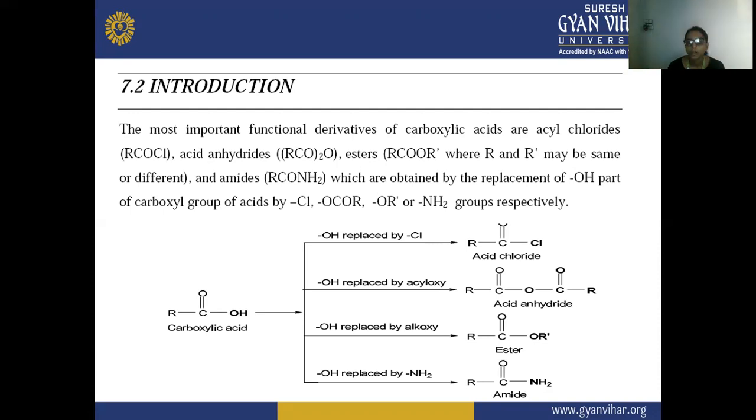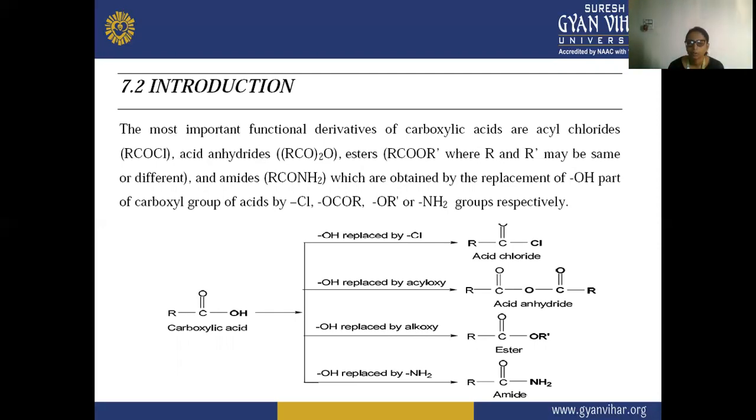Carboxylic acid derivatives are derived from the carboxylic acid, and the carboxylic acid is a combination of the carbonyl functional group plus the hydroxyl group. Both of them add up, and after that there is a formation of this carboxylic acid.